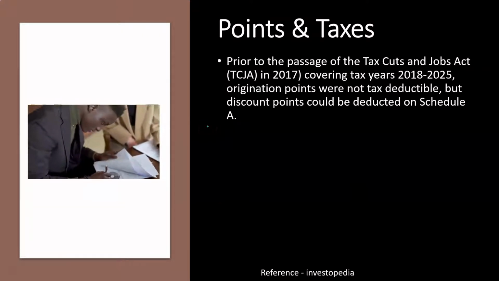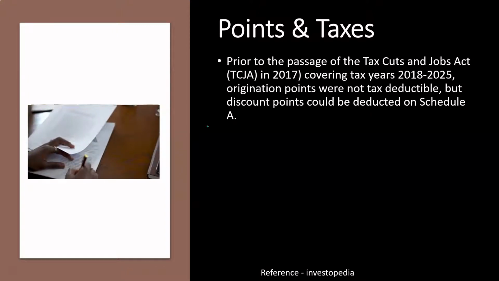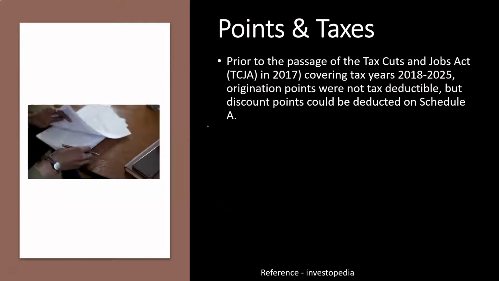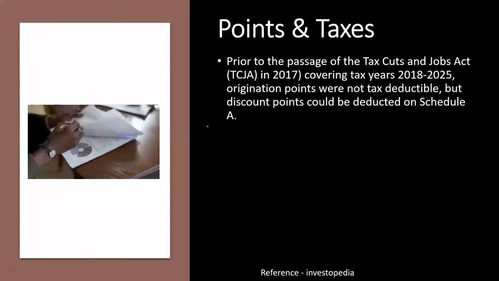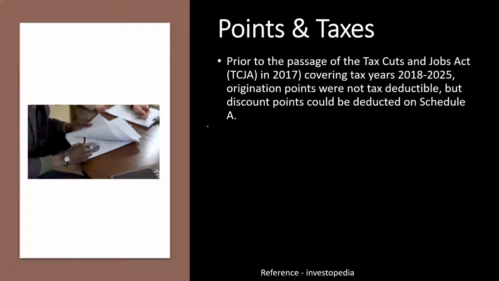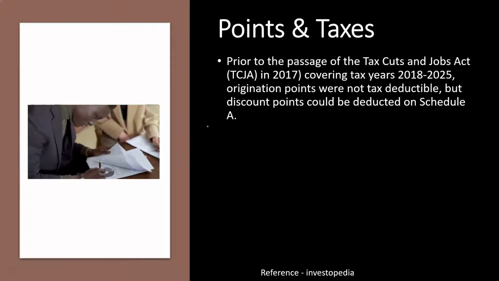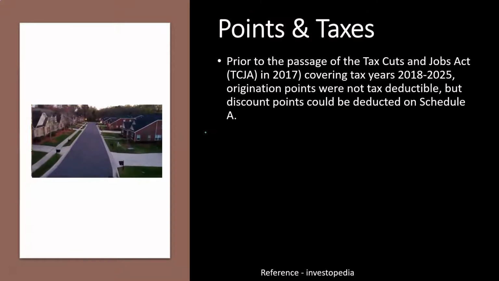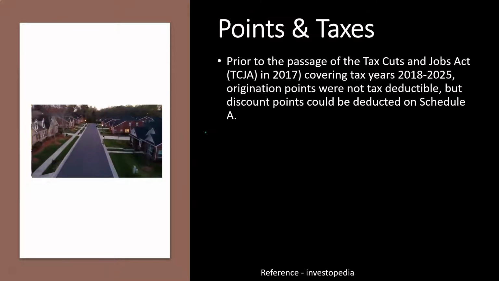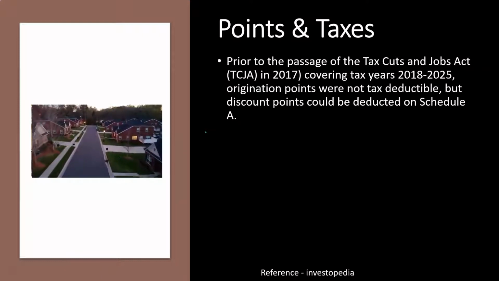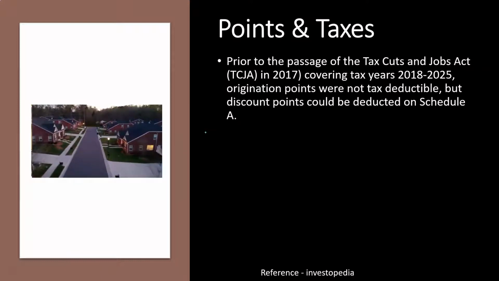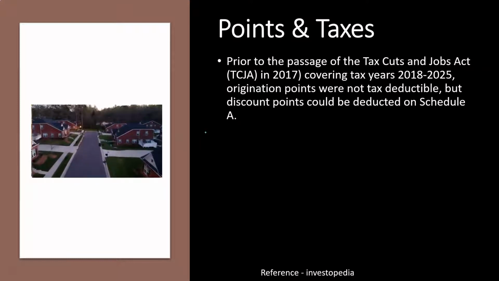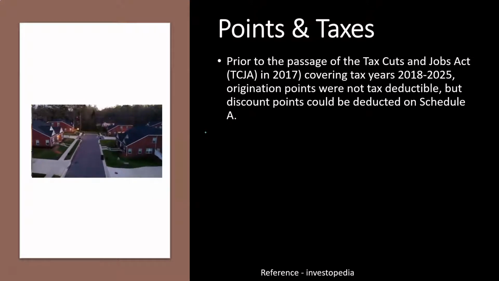So we want to make sure that we have an understanding of what the impact would be on the deductibility of interest and the related points as well. Prior to the passage of the Tax Cuts and Jobs Act, the TCJA in 2017, covering tax years 2018 to 2025, origination points were not tax deductible, but discount points could be deducted on Schedule A. Now, this kind of made sense because if you look at the points process as we looked at, if the points are only deductible if they're interest related, then the discount points are prepayments of interest.